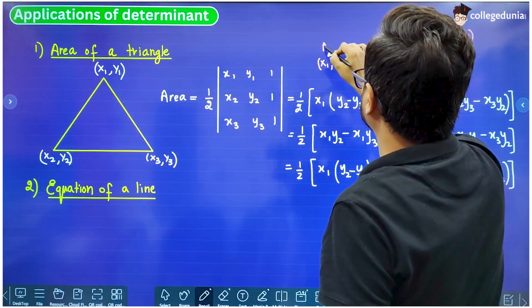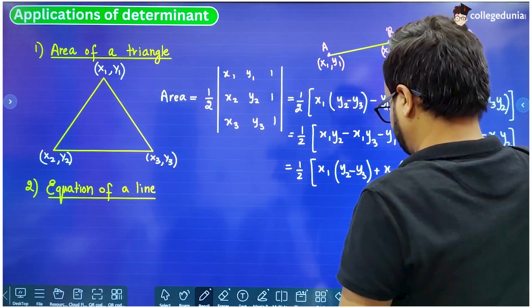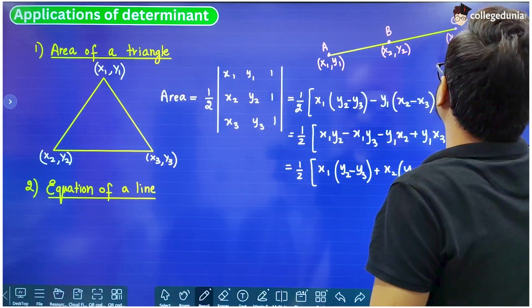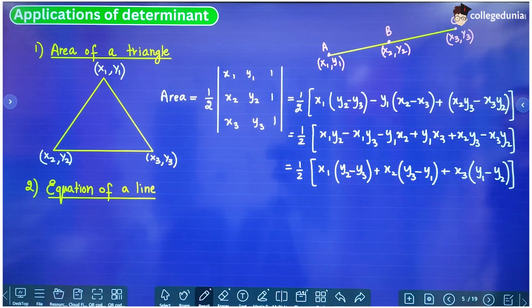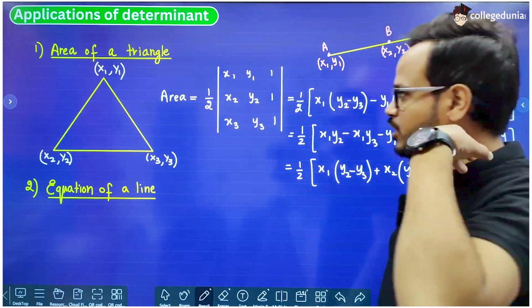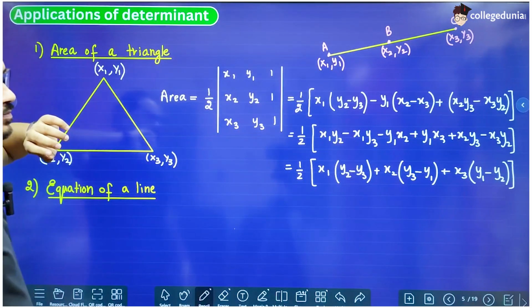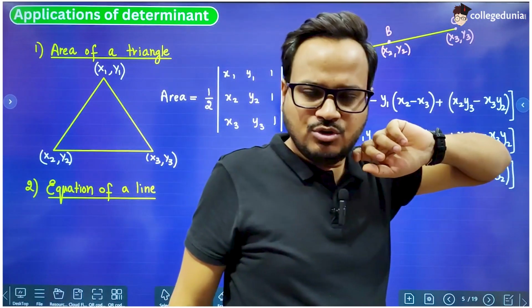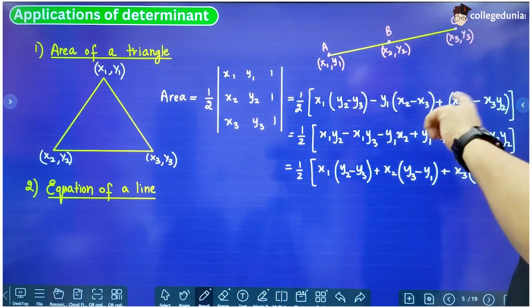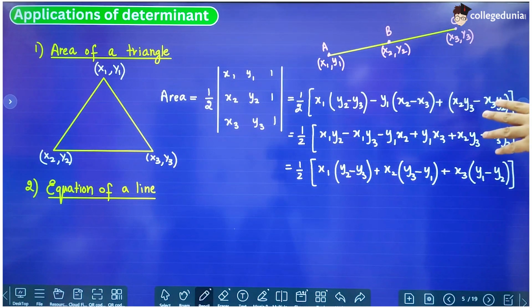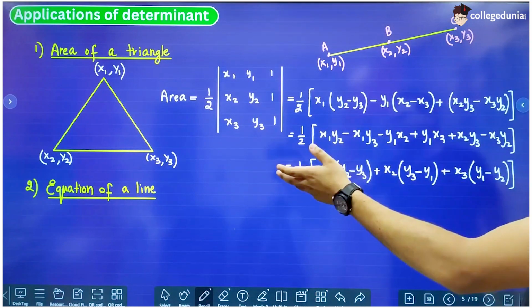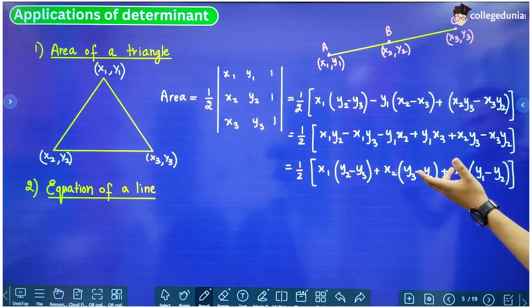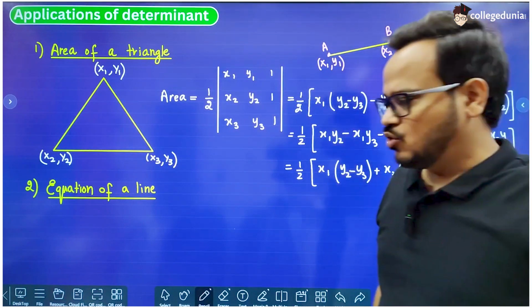A, B, C. And these 3 points are collinear. So, since these 3 points are collinear, a triangle cannot be formed using them, or we can say that the area of the triangle is 0. So, if you have to prove the 3 points are collinear, just put these 3 points in this formula and you will get the answer 0.